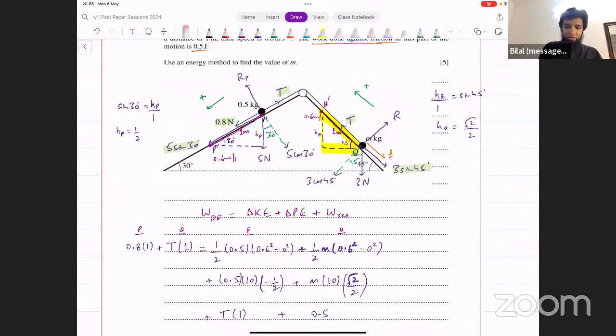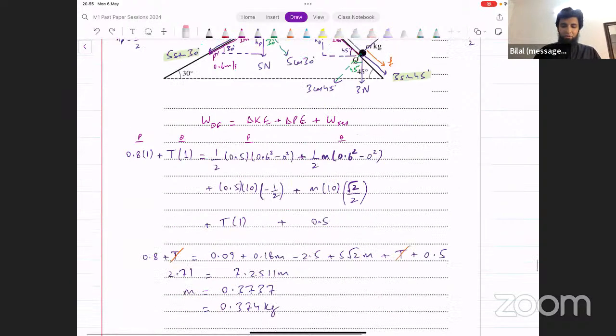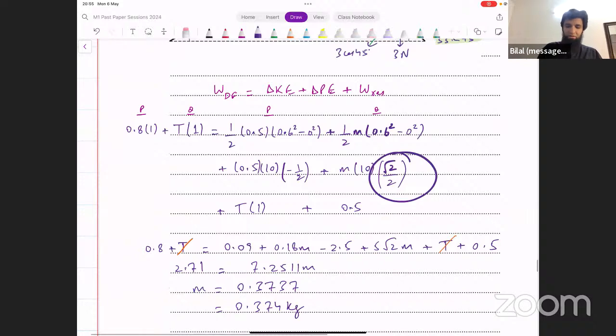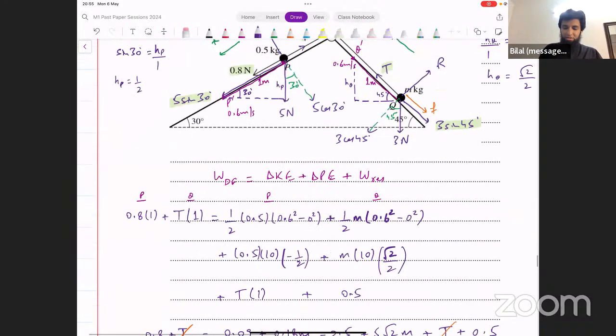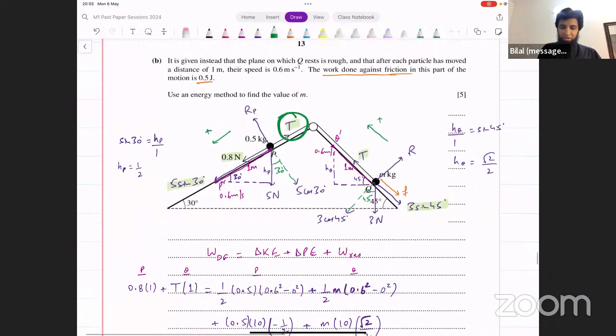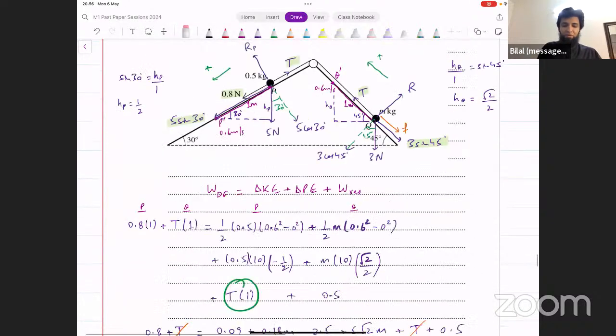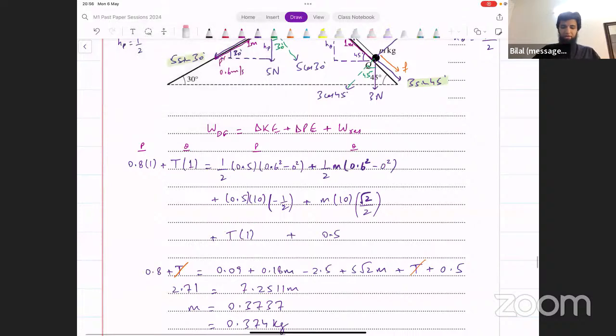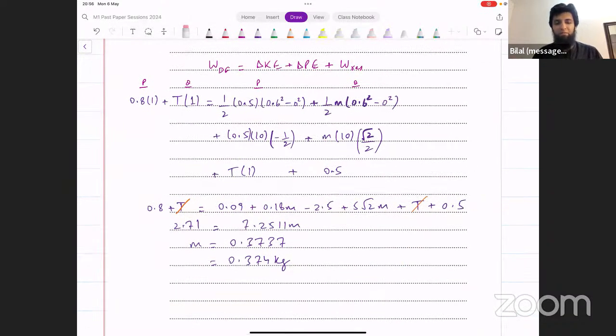This is going to be positive because the height is increasing for Q. And then you have work done against resistance. For P, T is part of the resistance, so we use T into 1 here. And work done against resistance for the other particle was given. Work done against friction, that was 0.5. We use that here as well. We got this equation and then solved that to find the value of M.